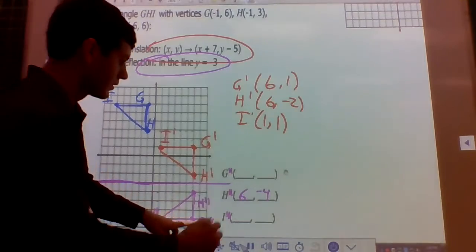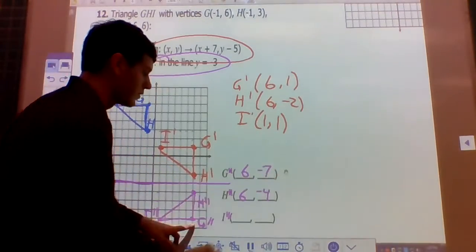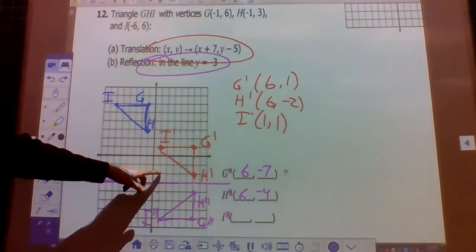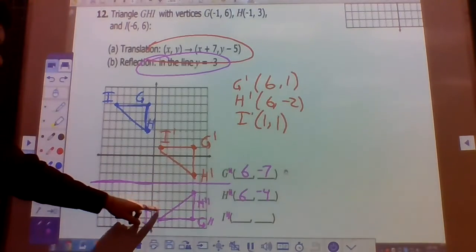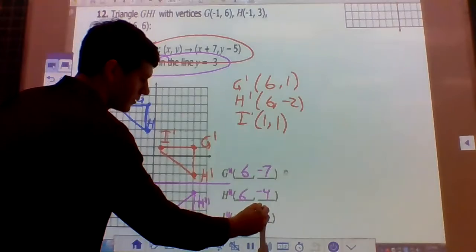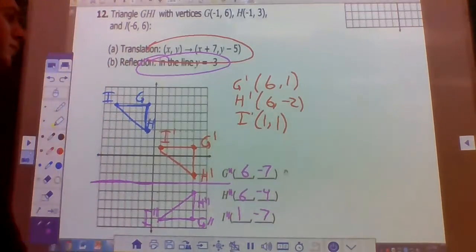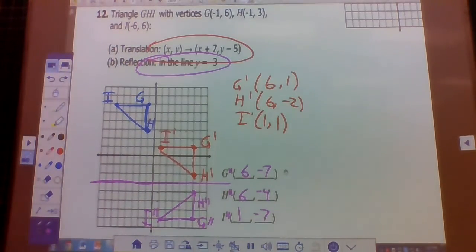So that's going to be 6, negative 7. Okay, and then I, 1, 2, 3, 4 above, so it needs to go 4 below, which puts us at negative 7. And that is reflection.